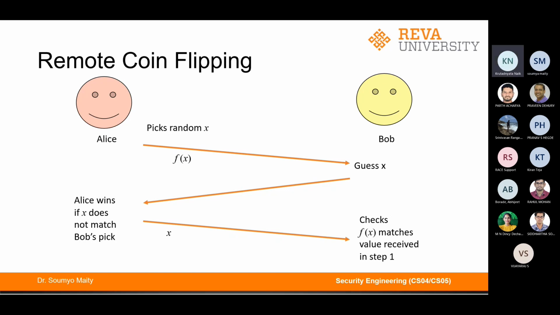If we know the function, I'm saying the function is x square, sorry for my handwriting. I took some random number a, and I said if I apply this function, f(a) equals 9.